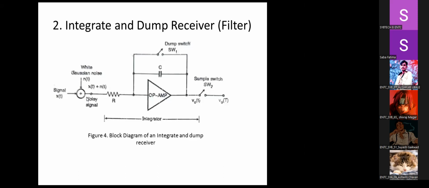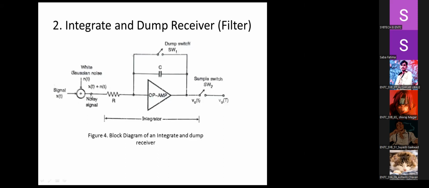Let us study the operation of this block diagram. We have our message signal x(t), or simply the transmitted signal. It gets corrupted by the addition of white Gaussian noise. These two are added, and we get a noisy signal, given by x(t) + n(t).